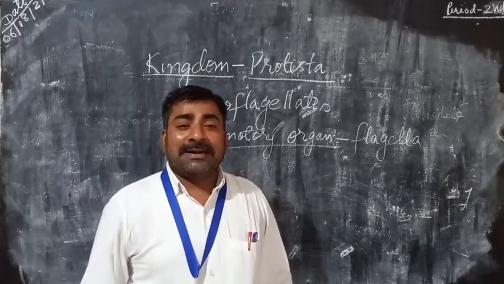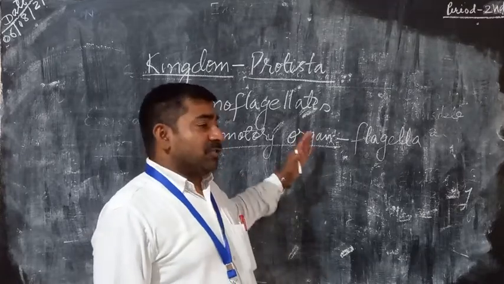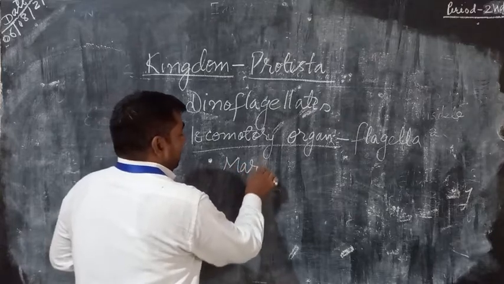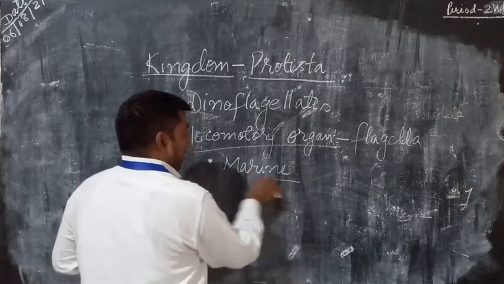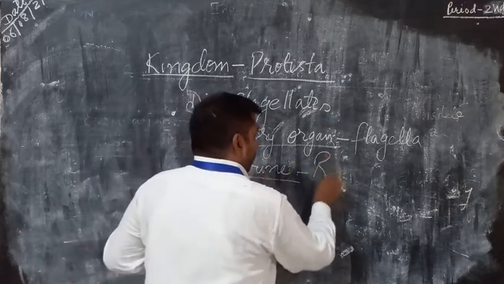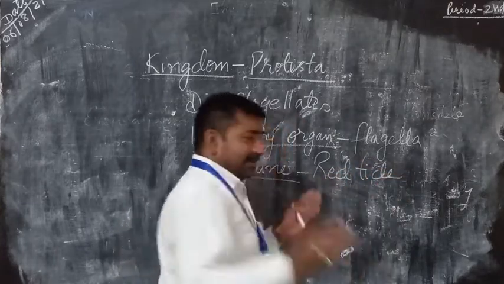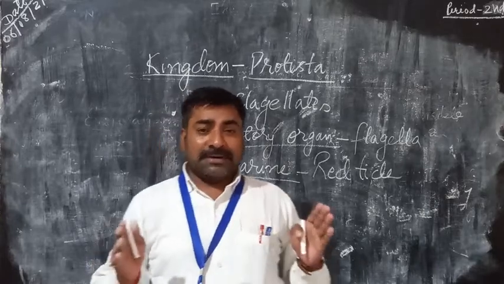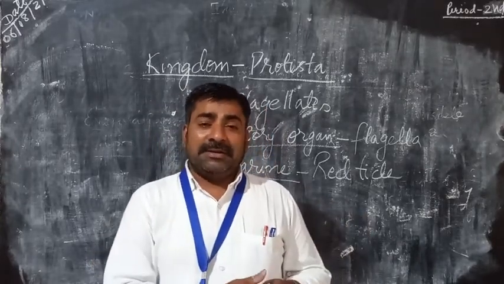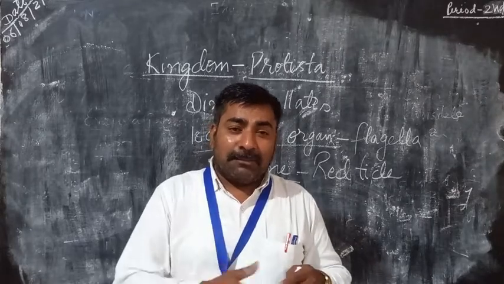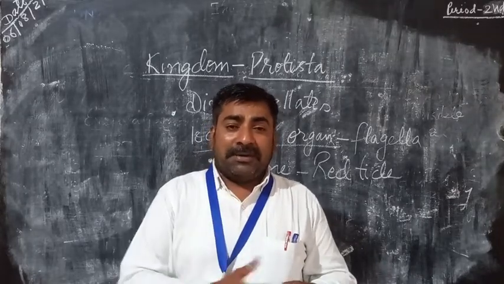Dinoflagellates are responsible for red tides. They are mostly marine, living in seas and oceans. Red tide is a condition in which dinoflagellates increase their number by rapid multiplication.